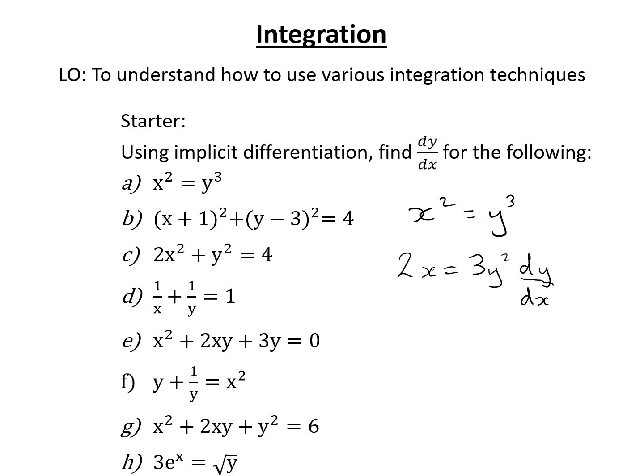So this is our differentiated equation. However, we want to find dy by dx, so we divide both sides by the 3y squared. So the equation you should have got for your differential is that.